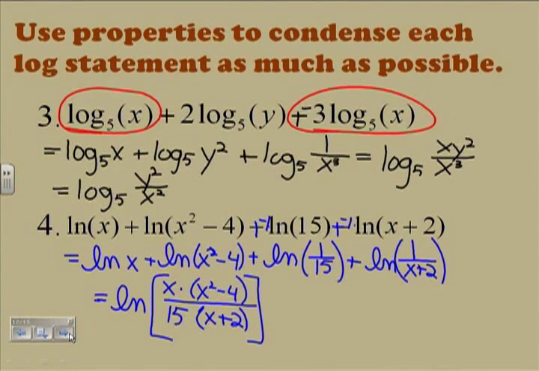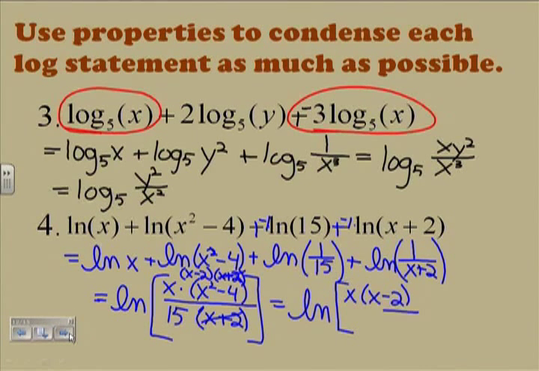And as long as x is not negative 2, which would make no sense, because remember the domains of all of my logarithms are positives only, I can actually cancel out a like factor here, because x squared minus 4, you know, is x minus 2 times x plus 2. So I can cancel out the like factor and simplify this one more step and say natural log of x times x minus 2 all over 15.